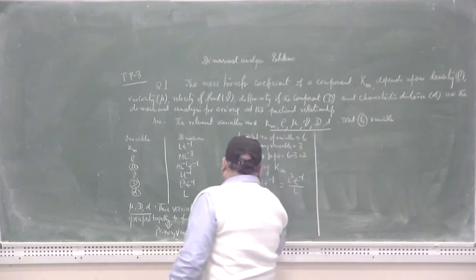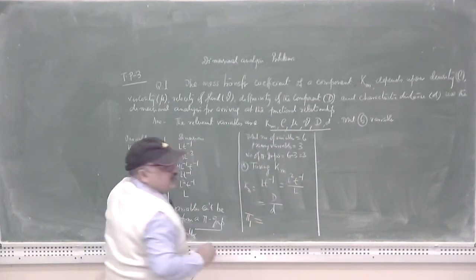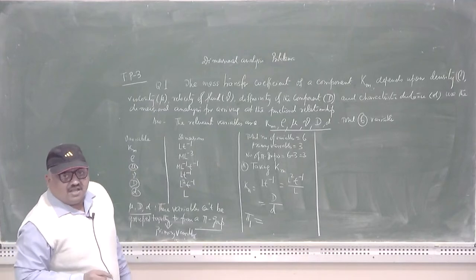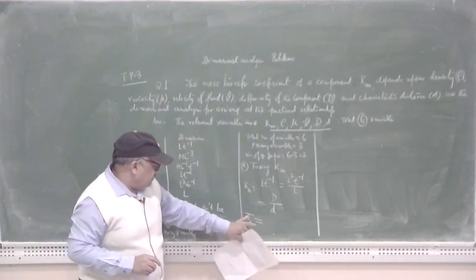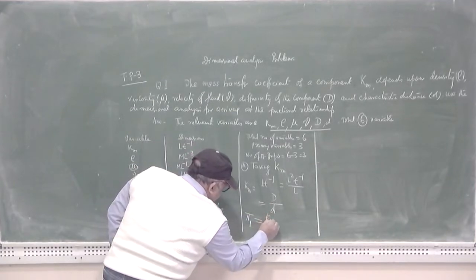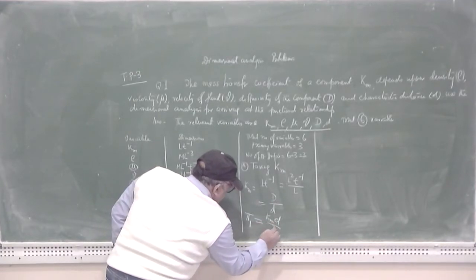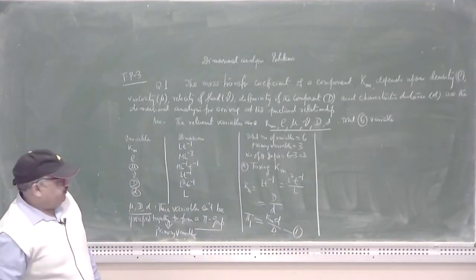So, km is equal to D by d. Hence, the first pi group which is possible for the present case is km into small d divided by capital D. This is the first pi group that we have obtained.